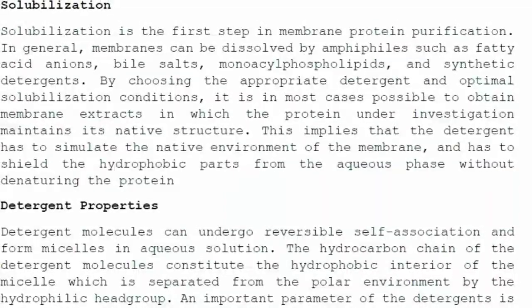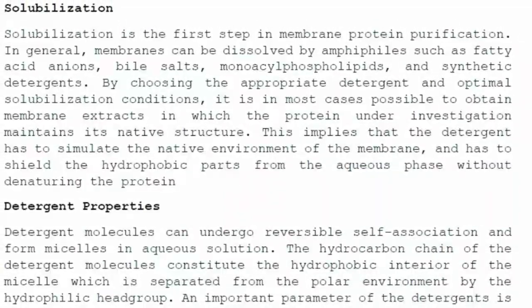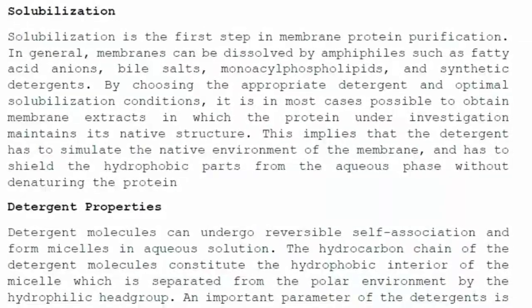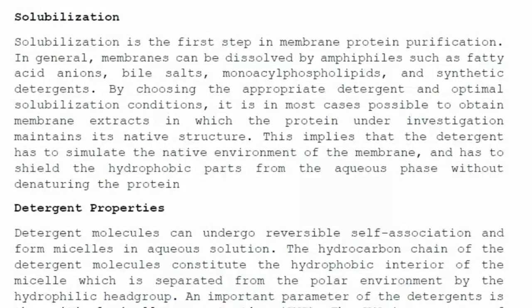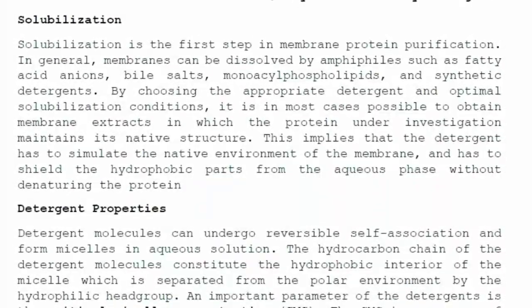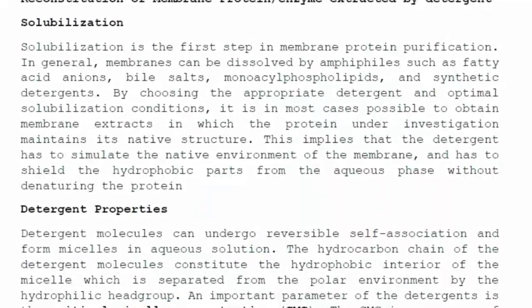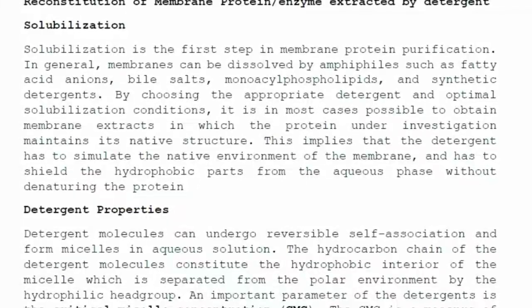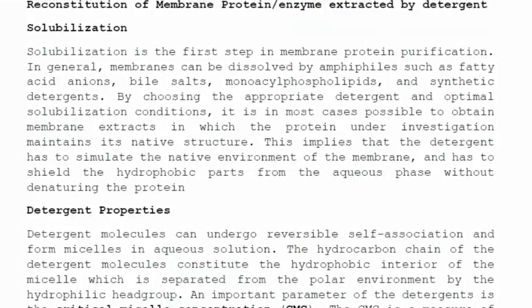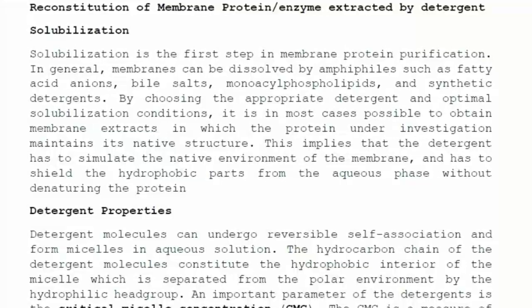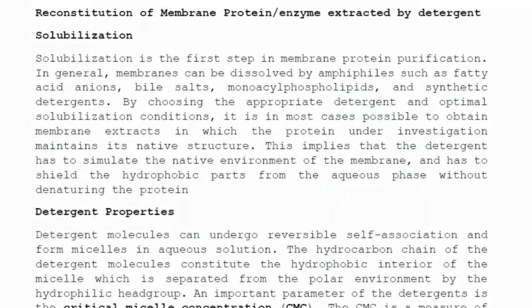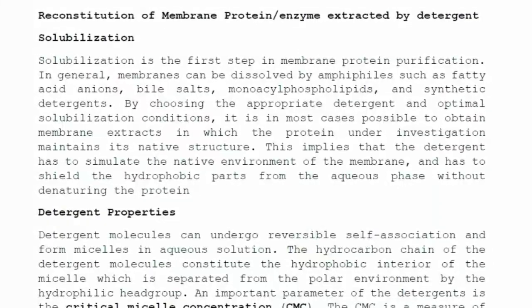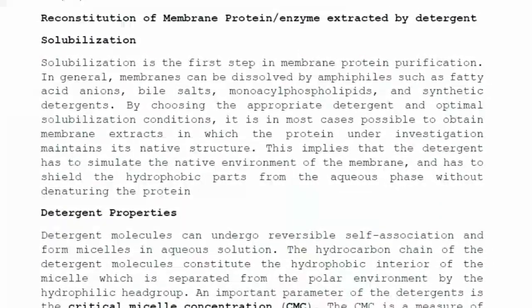As a result of this, you have to use detergent. This is not the Omo or the Sunlight that you use. These are special detergents that we use in biochemical reactions, and what this detergent does is to solubilize the membrane for easy extraction of the protein of interest.